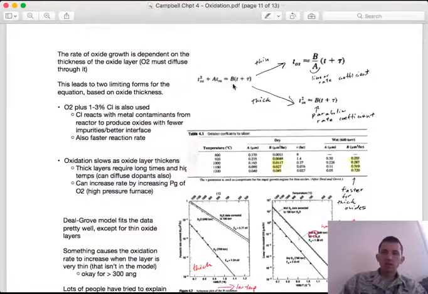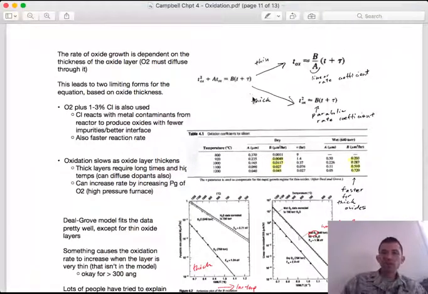So we'll throw that part away, and for thin layers, we can simplify this model to Tox equals B over A times T plus tau. Those are all constants, so B over A is itself a constant. This is the linear rate coefficient. So that tells us that at the beginning, we're going to have a linear growth for the oxide.